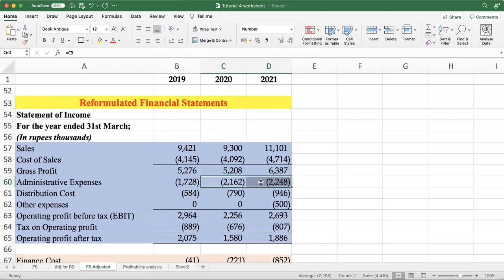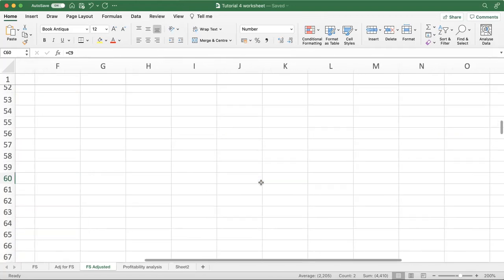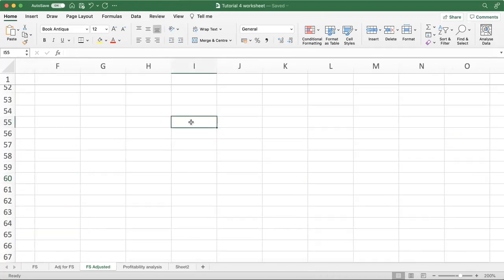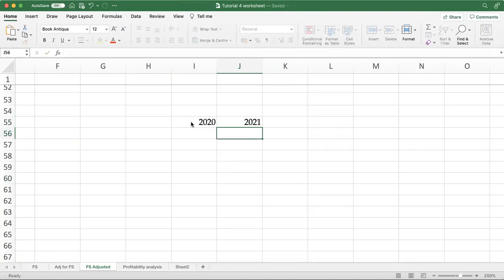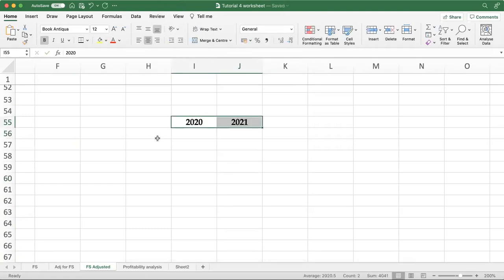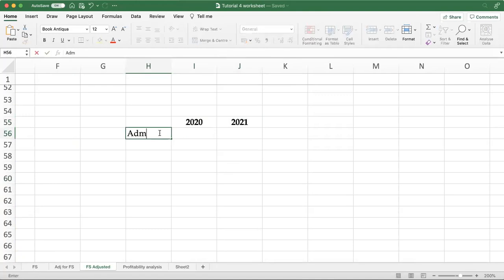Right. Now let's see a very simple example. Let's see 2 years, 2020 and 2021. Let's say administrative expenses of these 2 years are the same.